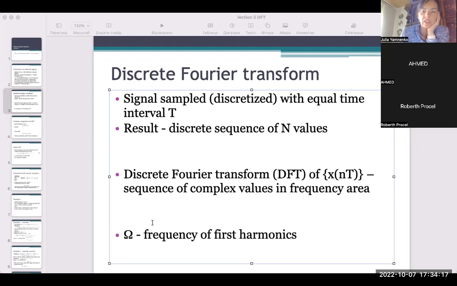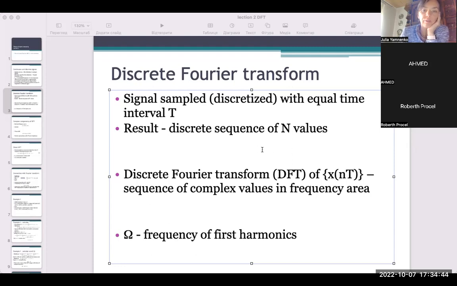And this slide illustrates the connection between the discrete Fourier transform and the continuous Fourier transform. You should remember from the last presentation, when we considered the continuous Fourier transform, we had formula number 2 that gives us the value of the continuous Fourier spectrum, F from j omega.